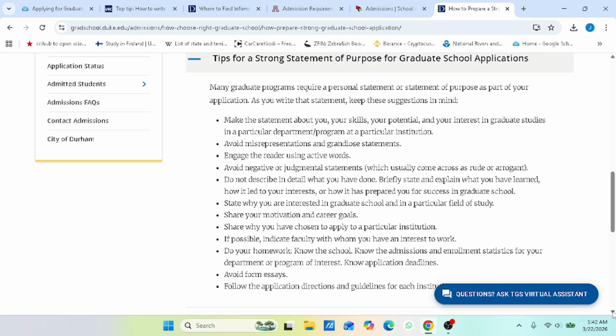Many graduate programs require a personal statement and a statement of purpose as part of your application. As you write that statement, keep these suggestions in mind. Number one, make the statement about you, your skills, your potential, and your interest in graduate studies, in a particular department program at a particular institution.